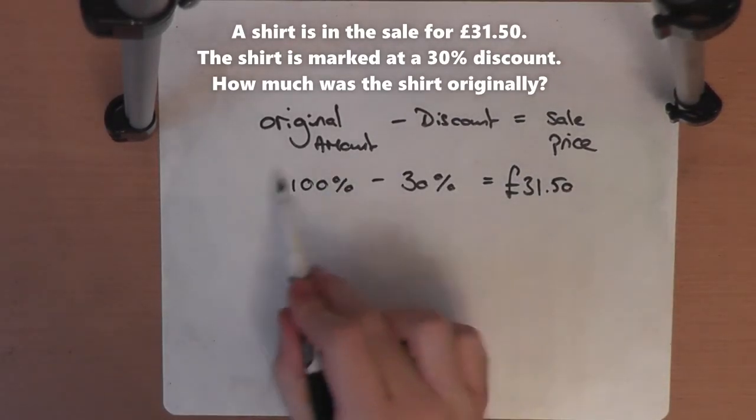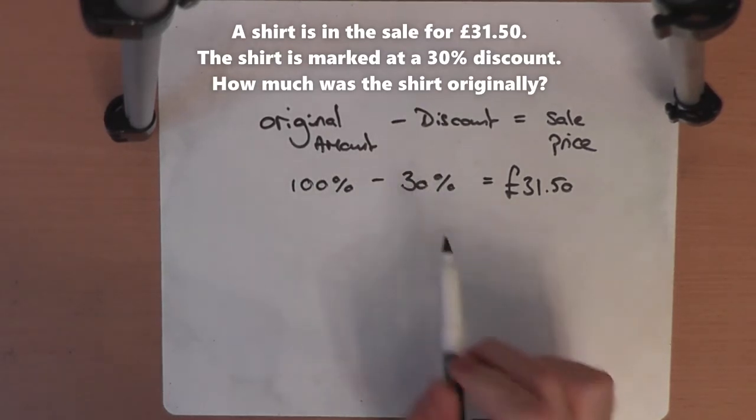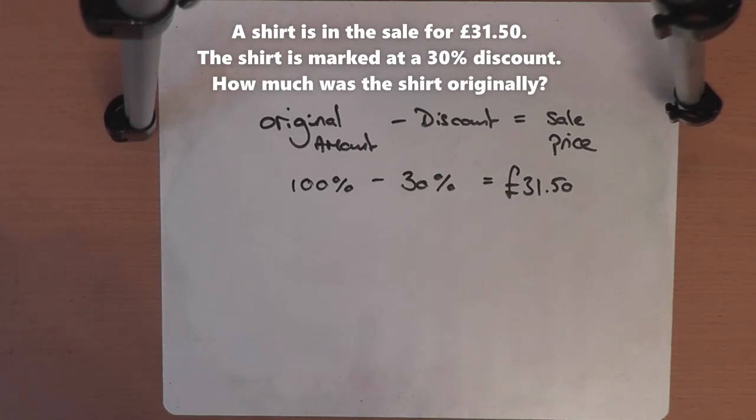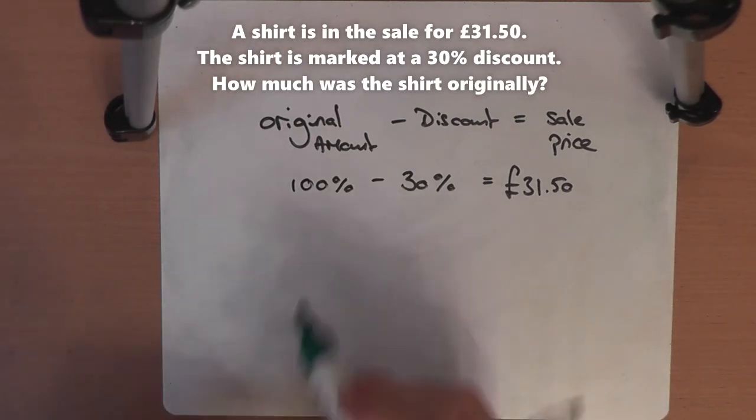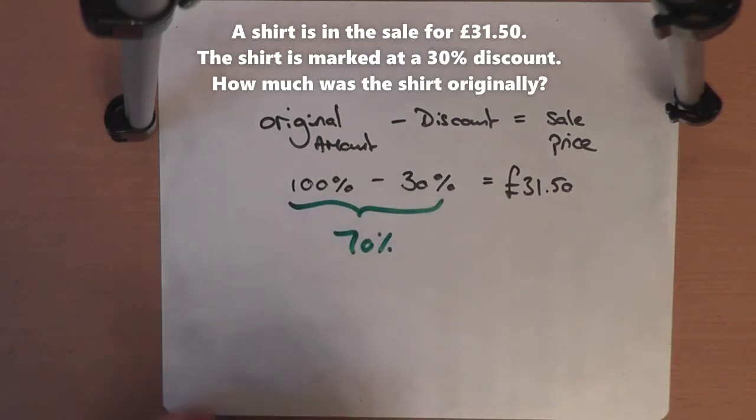We don't know what this 100% was, and we don't know the numerical amount of the 30%, but we do know that if we've had 100% and we've taken away 30%, we must be left with, well, 100 take away 30 is 70%.